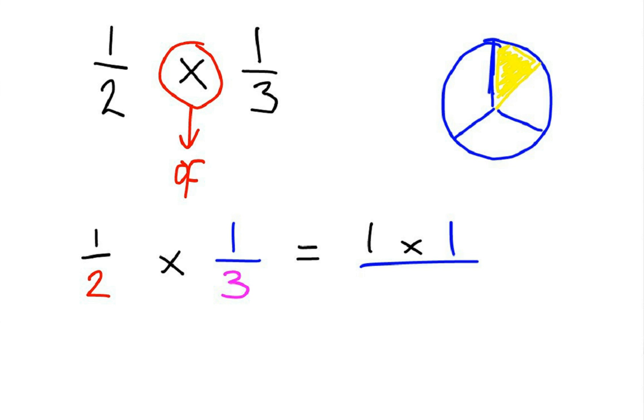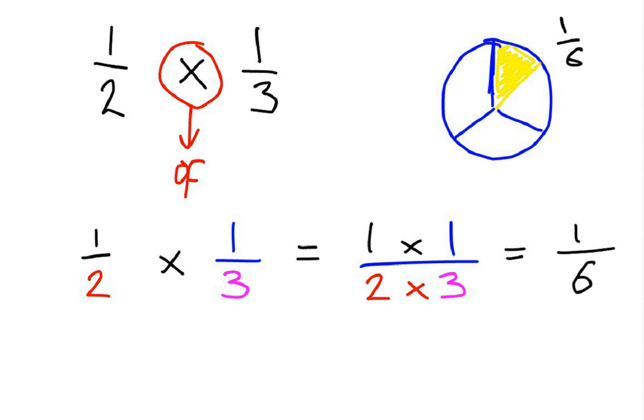So that becomes 2 times 3. Okay, so then it's simply a case of doing 1 times 1 is 1, and 2 times 3 is 6. So the answer to 1/2 times 1/3 is 1/6.